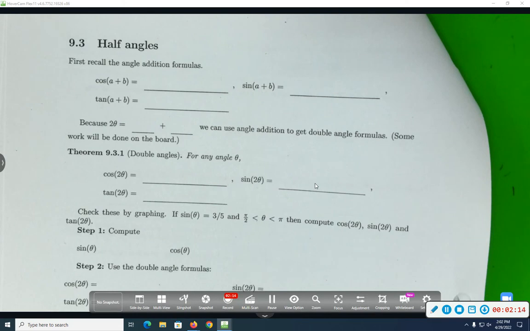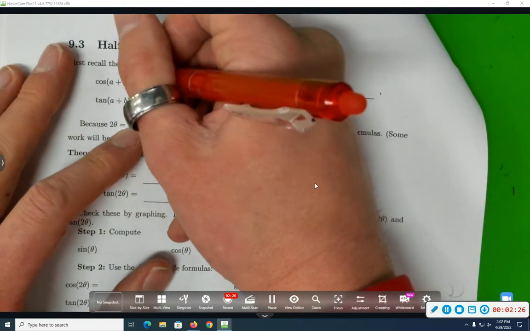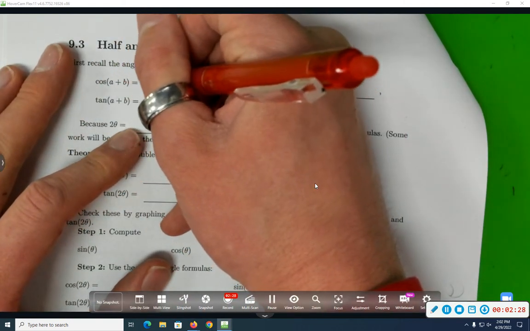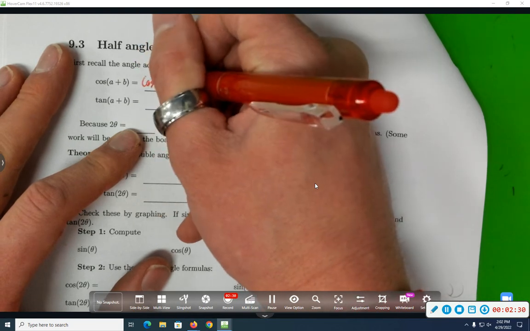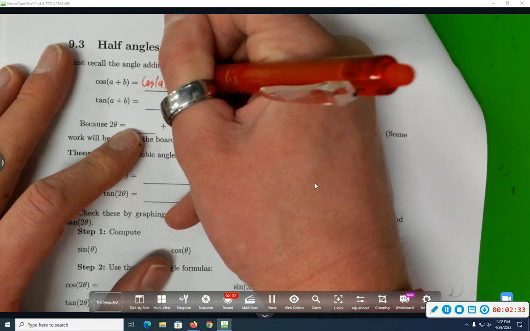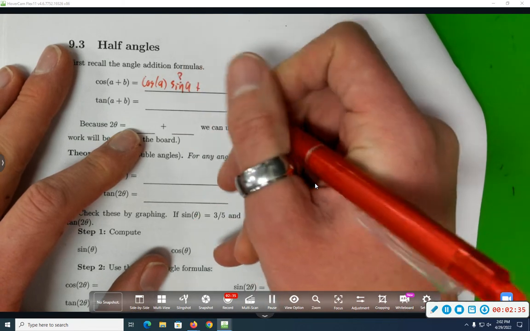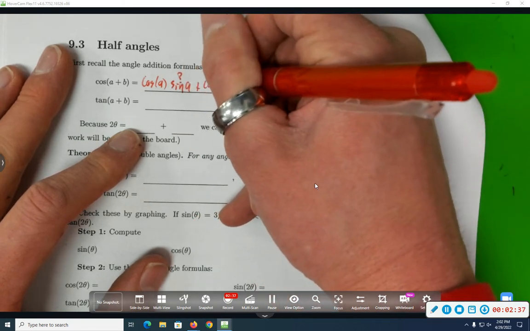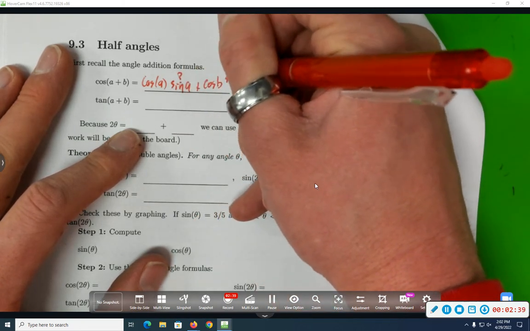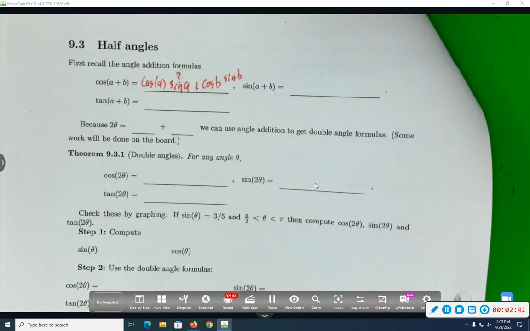All right, let's come together. What's the cosine of a plus b? That'll be cosine a, sine of it, or right, sine plus cosine b times sine b. Not quite.